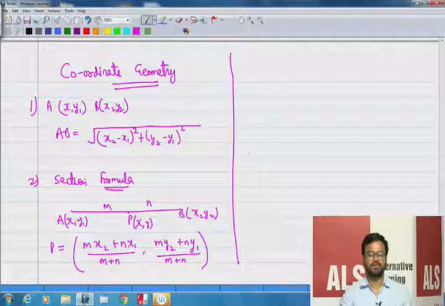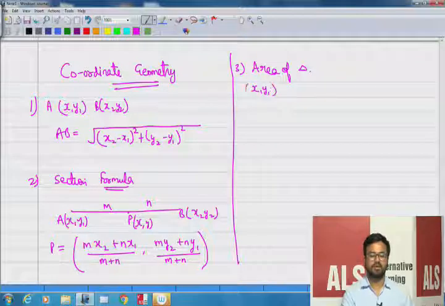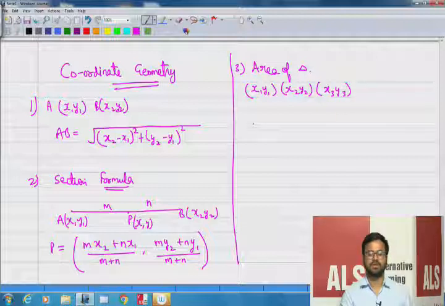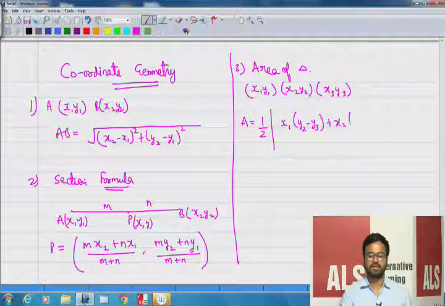And the third one which you have studied is the area of triangle. If three coordinates are given, x1 y1, x2 y2 and x3 y3, so the area of the triangle formed by these 3 points is given by half x1 times y2 minus y3 plus x2 times y3 minus y1 plus x3 times y1 minus y2.